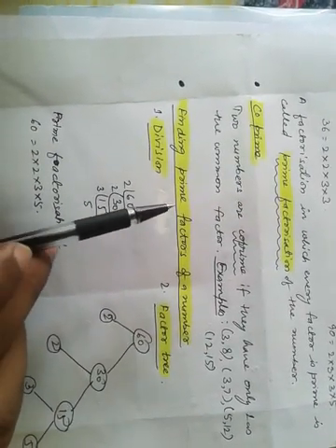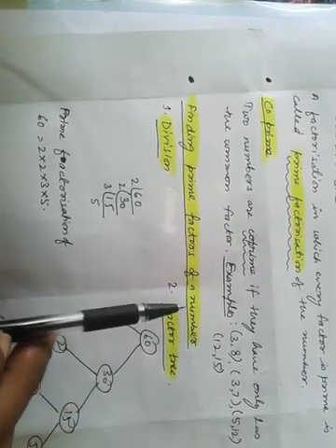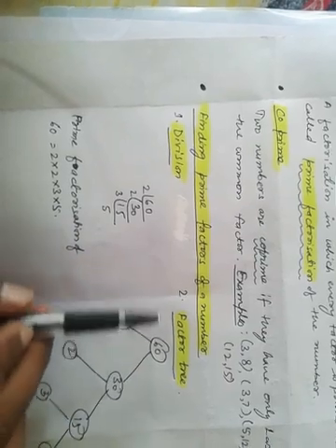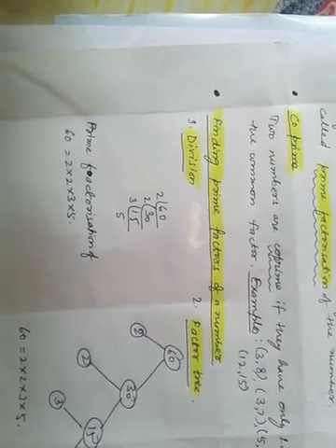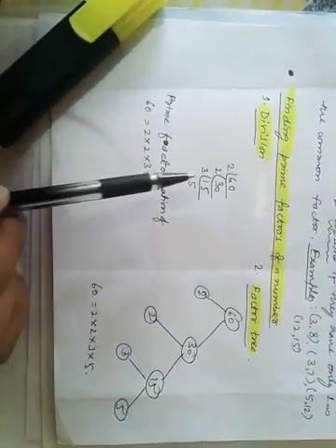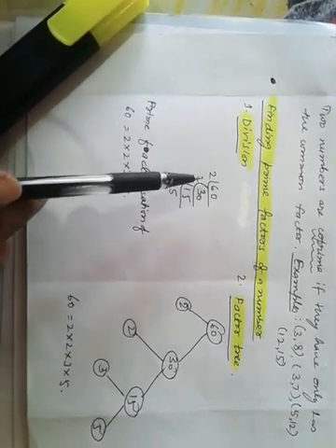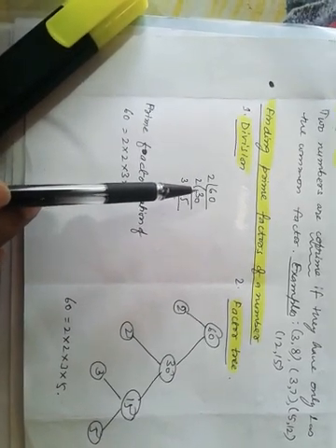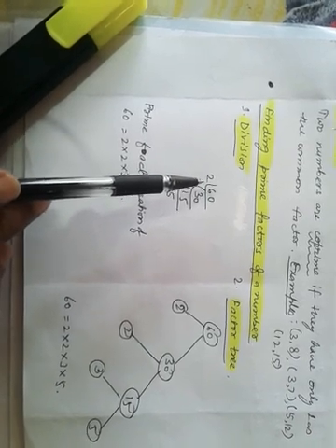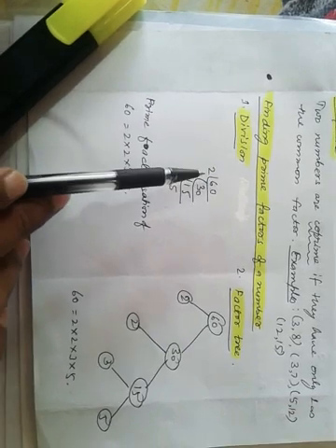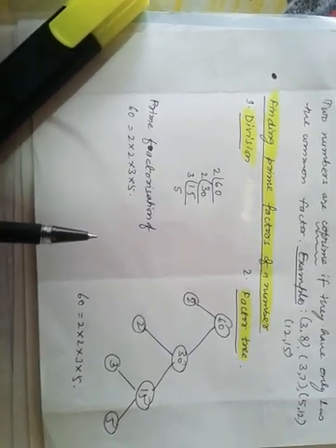Now our next topic is finding the prime factors of a number. First, by division. The second method is the factor tree. In the division method, we divide by prime numbers only.